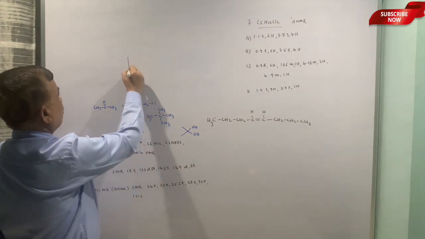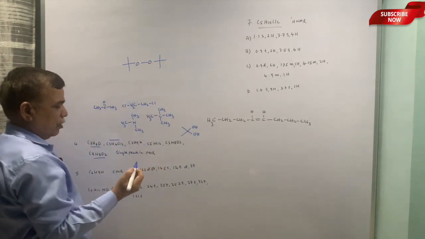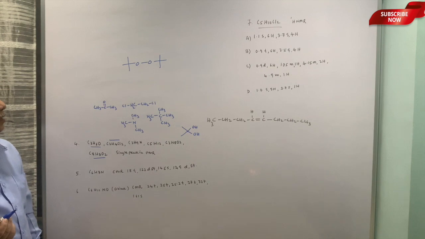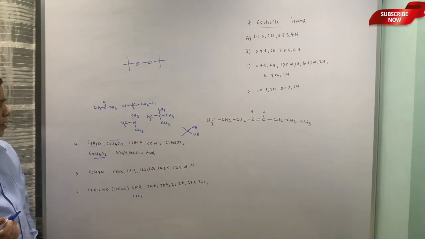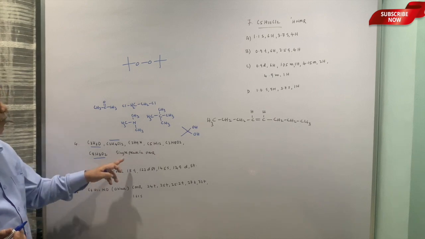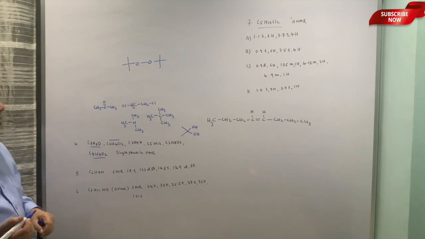C8H8O2, this is the compound which is normally used by polymer chemists. This is tertiary butyl peroxide, and this is going to give you only one peak, because both the tertiary butyl groups are chemically equivalent.